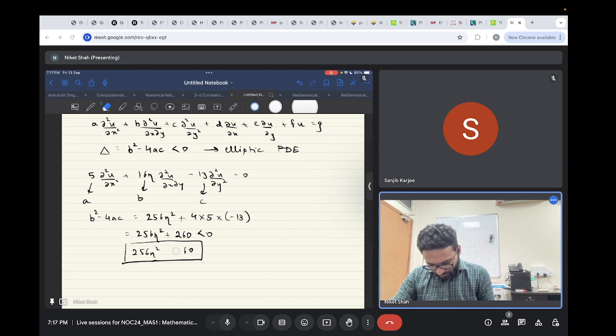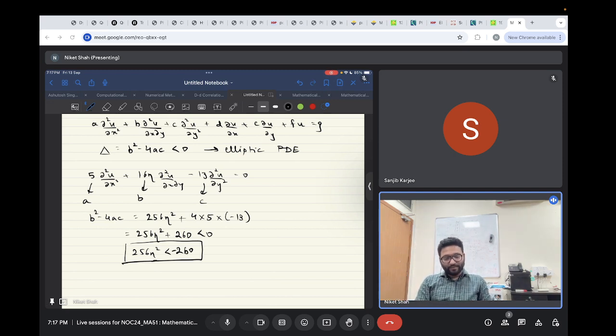Sorry, my bad. This is 260, but it should be 256 eta square is less than minus 260. Because there is a negative sign on the right hand side, of course we cannot have that. Eta being real, I cannot have 256 eta square ever being a negative number. So for that simple reason, if eta is real, this PDE can never be elliptic.